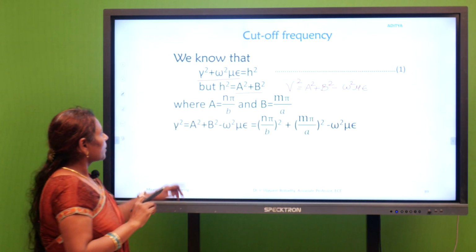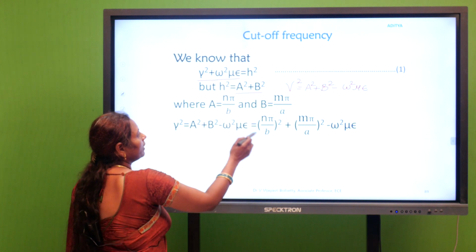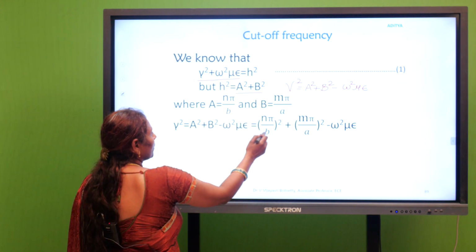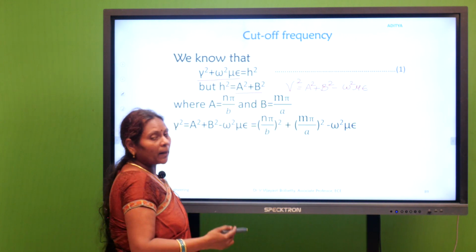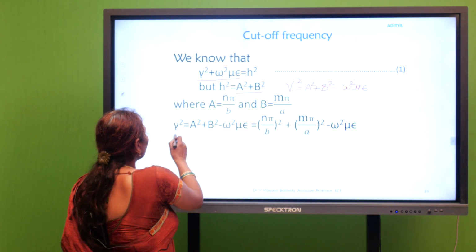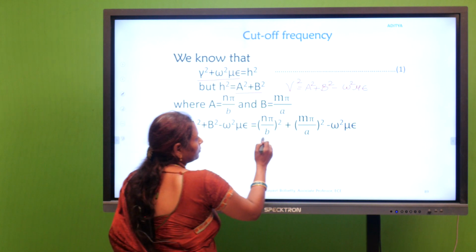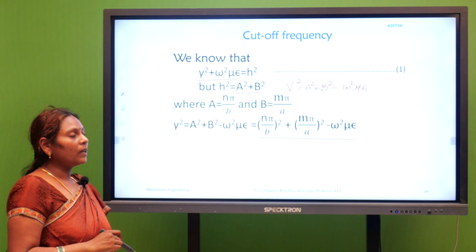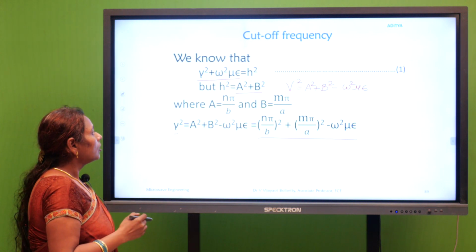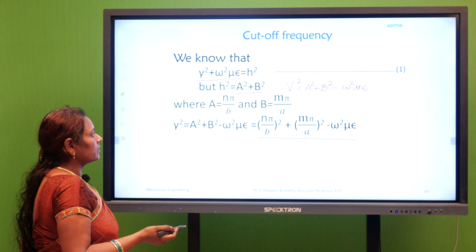Let us substitute a and b: in place of a we substitute n pi by b, and in place of b we substitute m pi by a. So, gamma square is equal to n pi by b whole square plus m pi by a whole square minus omega square mu epsilon. So, what is this gamma?